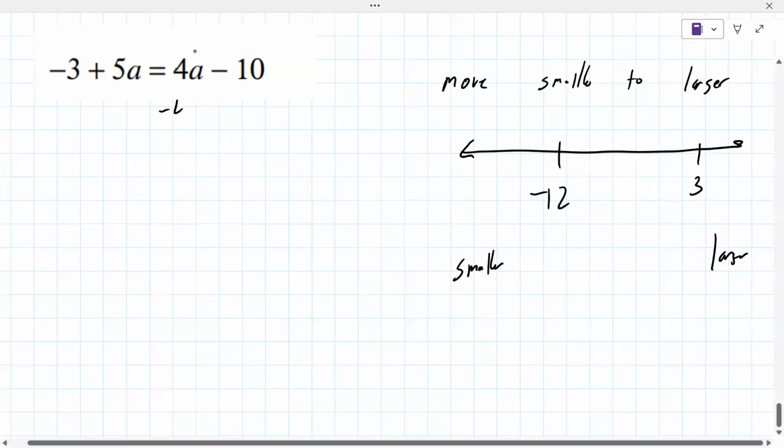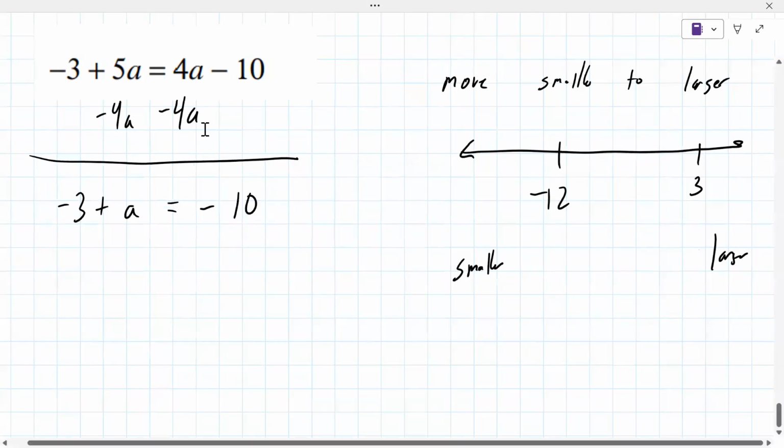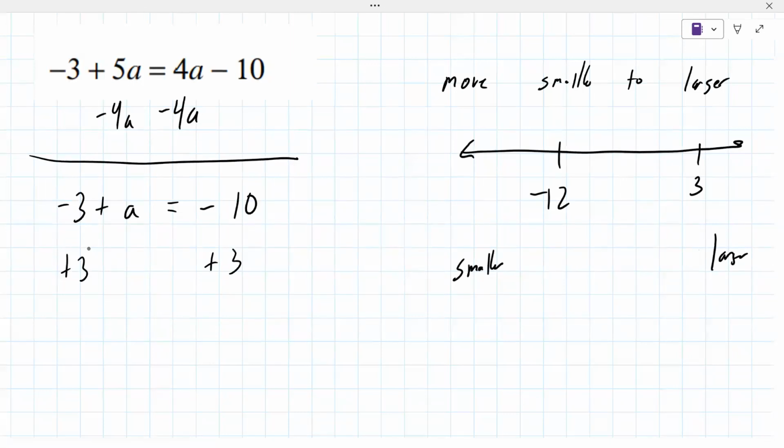So the strategy is to move smaller to larger. Now, you may want to get into the habit of moving left. You may say, oh, I just always move left. That's not always the best way to do it. You can, but it's not the best way. Right? So from here, you would add 3 to both sides, and a equals -7.